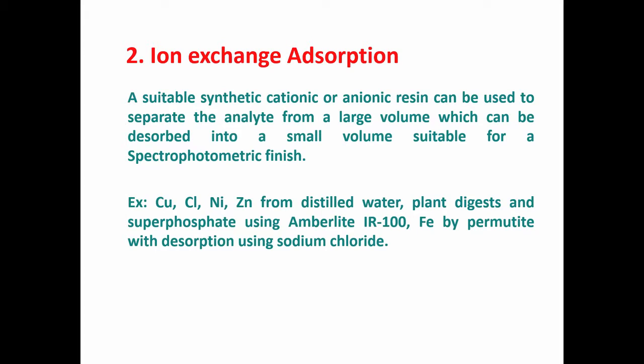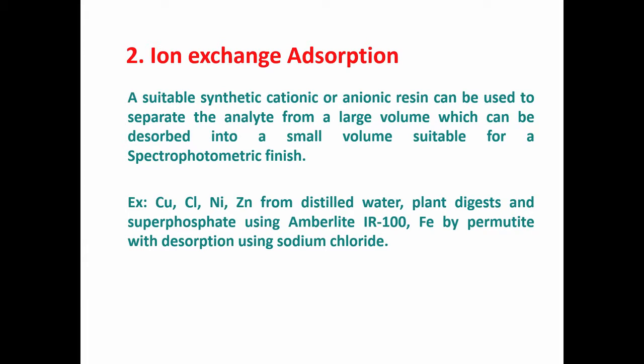Amberlite IR 100 is a cation exchange resin, and there are different categories of ion exchange resins which can be used for different elements, and such data is also available in the standard textbooks or in the standard methods.